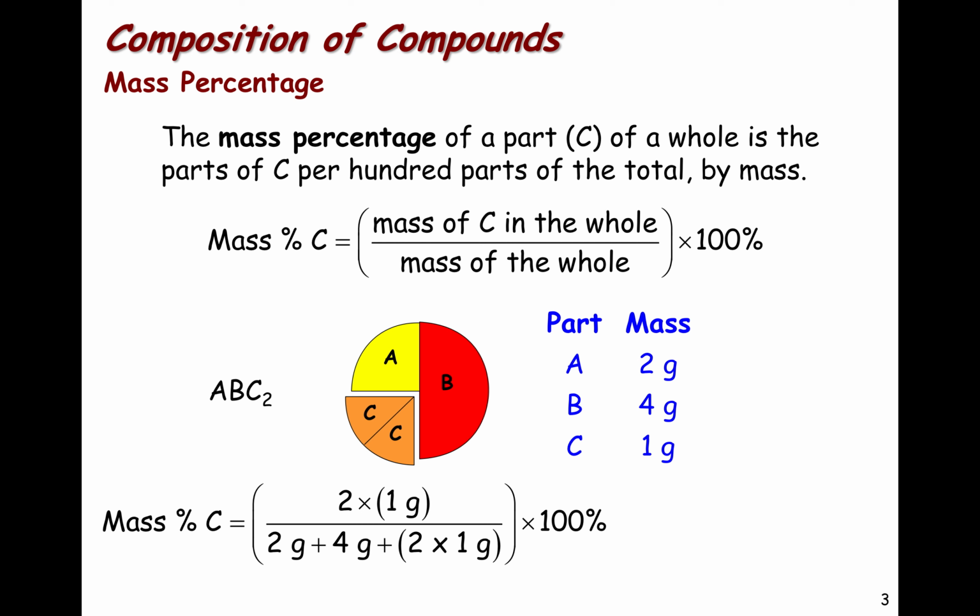In the denominator we're going to add together all of the totals, so 2 grams of A plus 4 grams of B plus 2 times the 1 gram for each of the C's. We then can put that into our calculator. The numerator would be 2 grams, the denominator would total to 8 grams, and then finally 2 divided by 8 would be a quarter, and then multiply that by 100%, and you would end up with 25%.